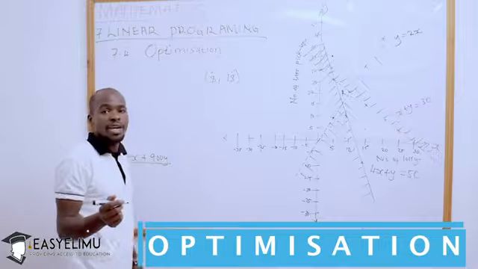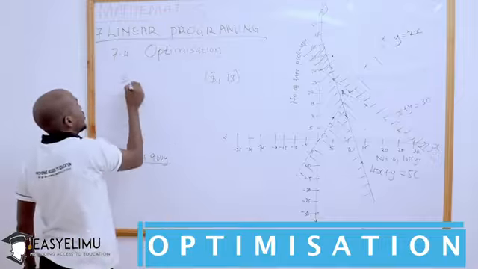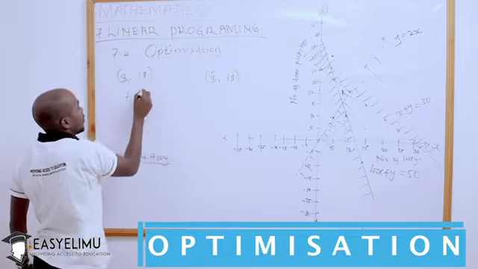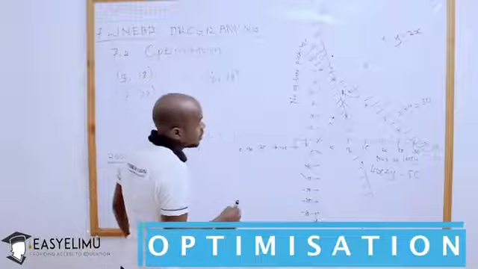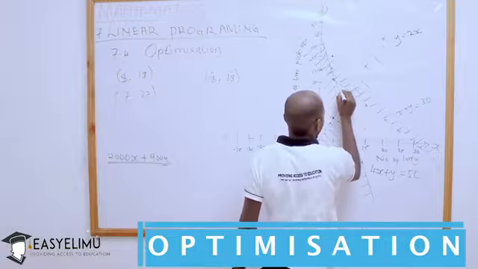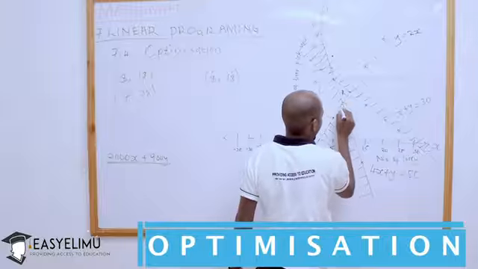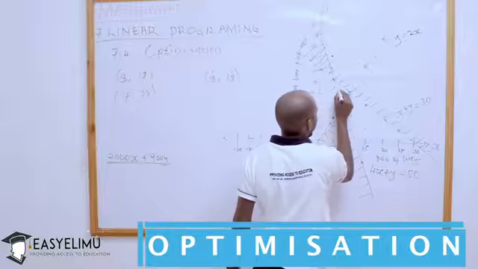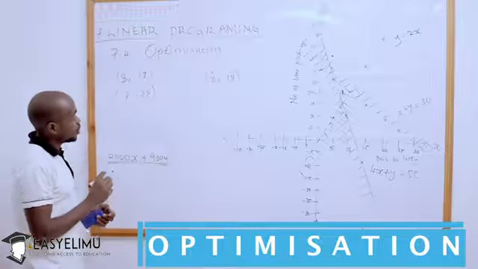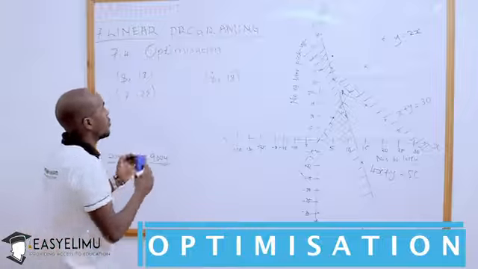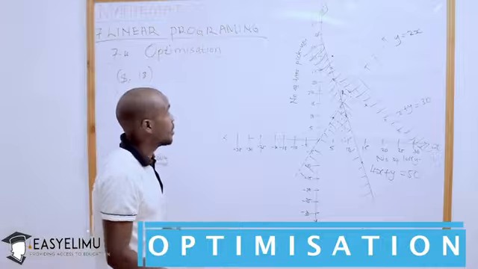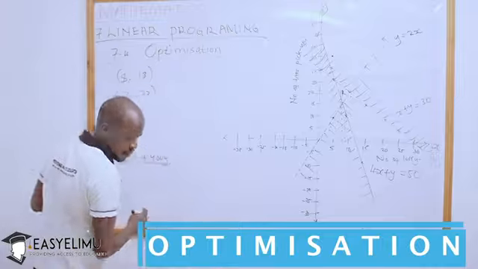If you have drawn the graph very well, you will find a point like 8, 18 will be present. If you go up, you will find another point which is 8, 22, and also 7, 22, and other points. Let me just give highlights of the points which you may find from that region.